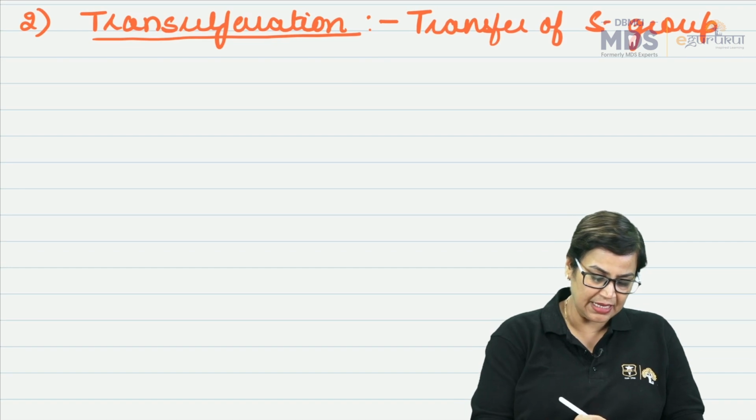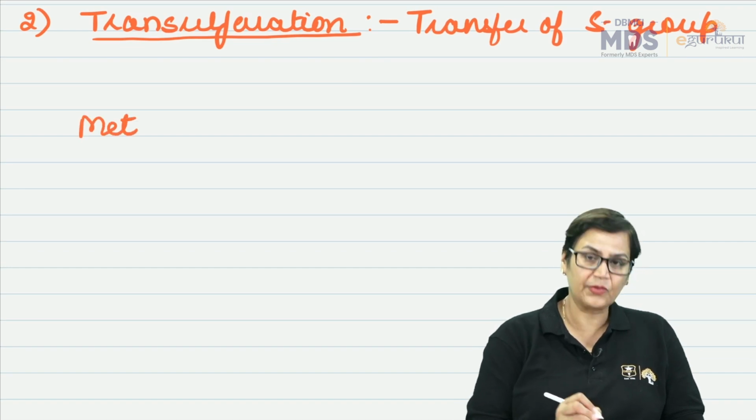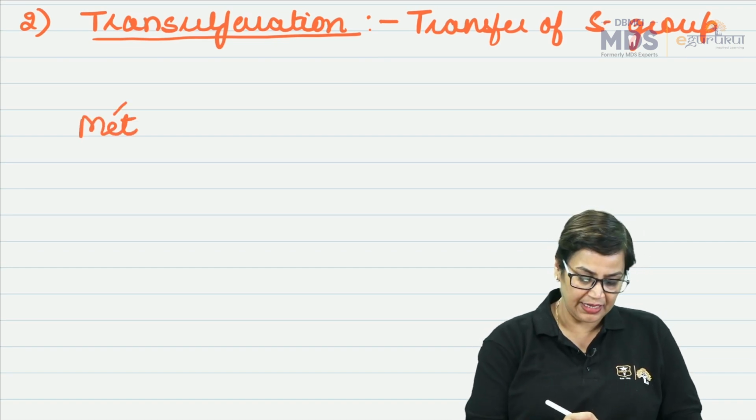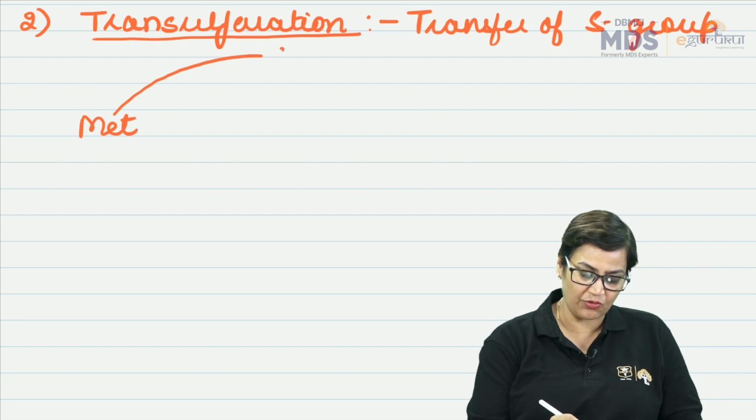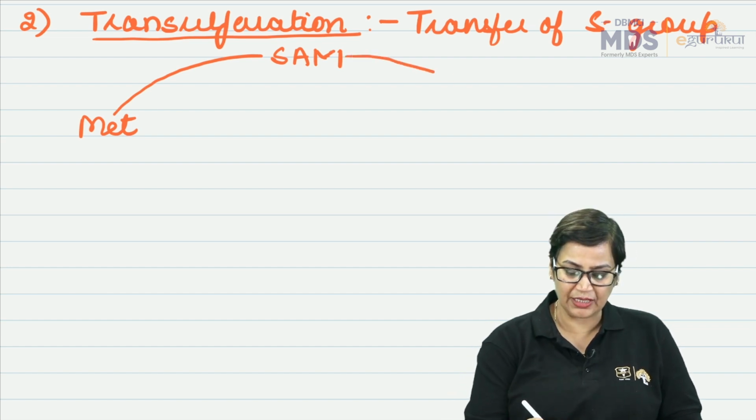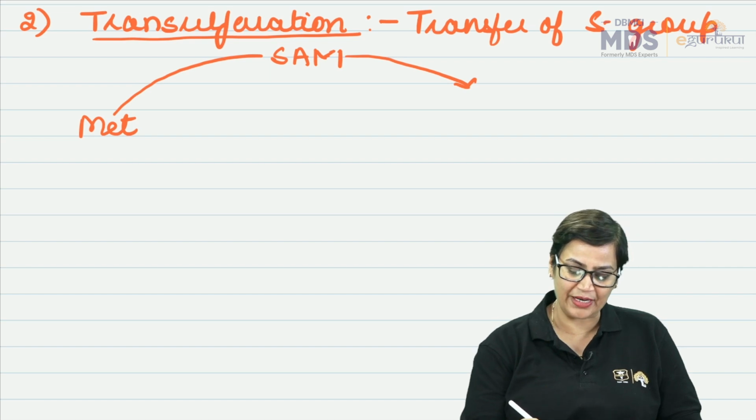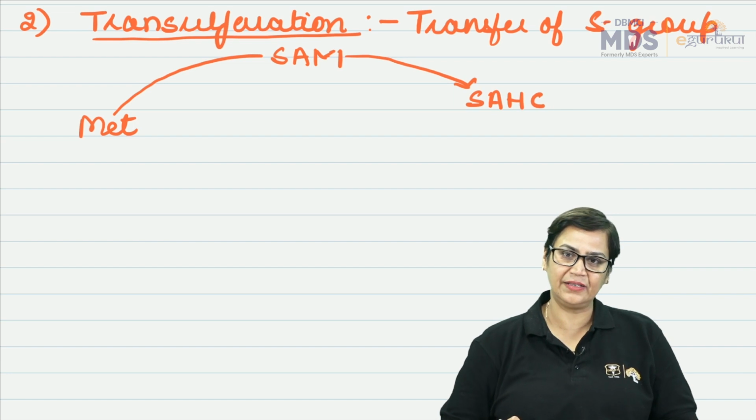What happens here is this methionine, which is a methyl donor, is first of all activated to form S-adenosyl methionine. This S-adenosyl methionine then donates its methyl group and is converted into S-adenosyl homocysteine.